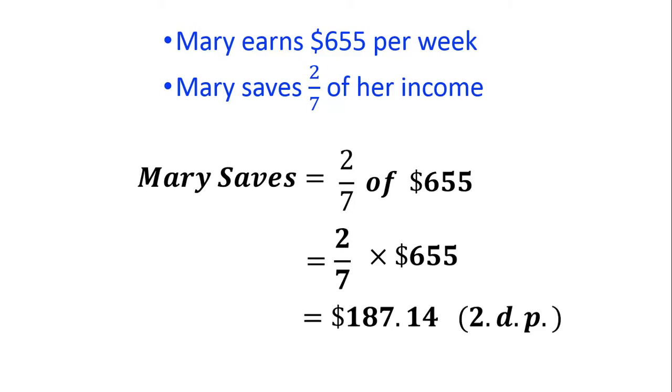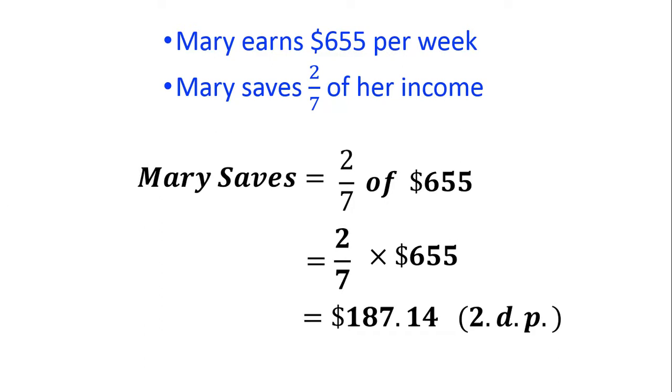Plug that into our calculator, and we need to round our answers to 2 decimal places. The reason for that is because when we deal with money, if you think about all the receipts that you get when you go and buy stuff, it always lists money to 2 decimal places. Because that's our dollars and our cents, so always 2DP for money.